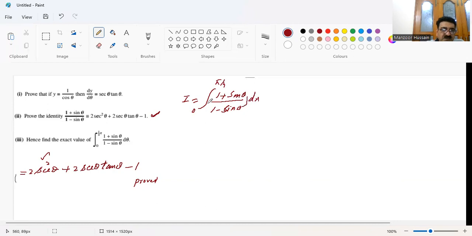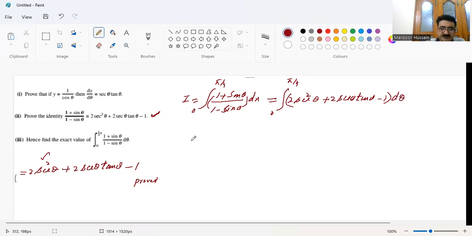And the examiner already said you change this into this form, and using the second part, we can write this as the integration from 0 to pi by 4 of this whole term, 2 secant square theta plus 2 secant theta into tangent theta minus 1, d theta.